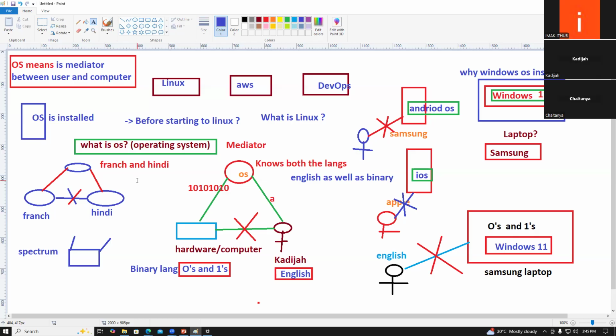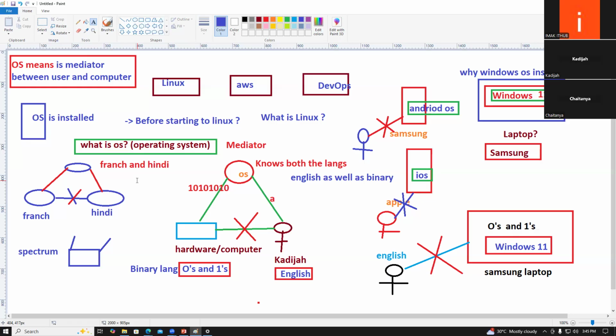Either a router, a laptop, a desktop, a server or a mobile. How are you interacting with hardware? With an OS. If the OS is not installed on the hardware, definitely you cannot interact.